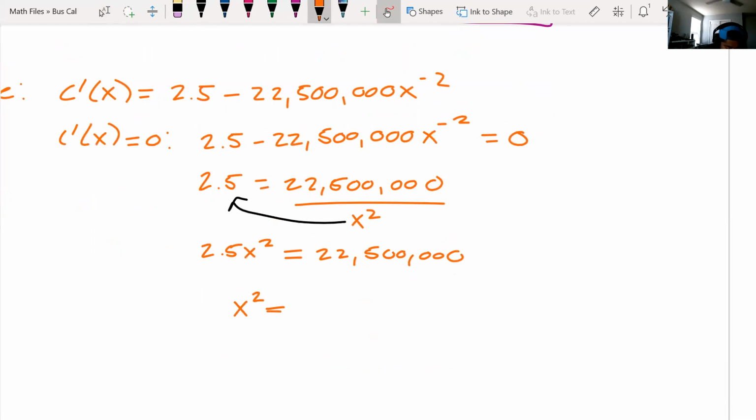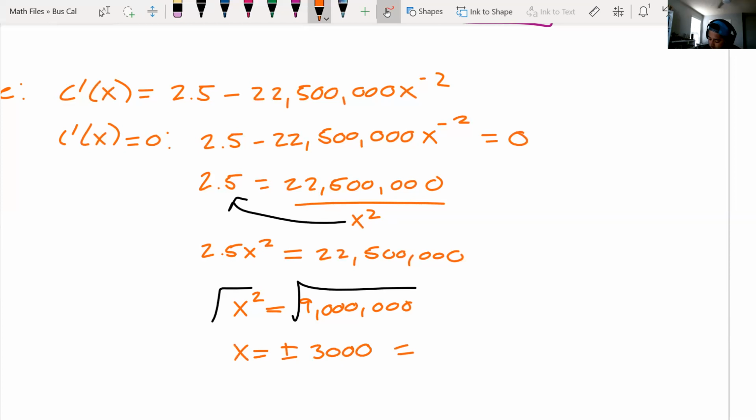And x squared is going to be, is that 9 million? Yes. And then square root 9 million. And we're going to get x equals plus or minus 3,000. So we only take the positive. So that means that we are going to create 3,000 chainsaws every production run.